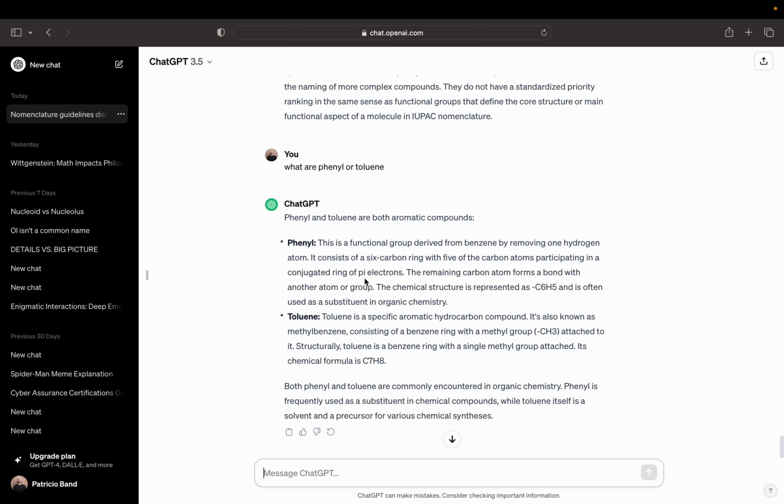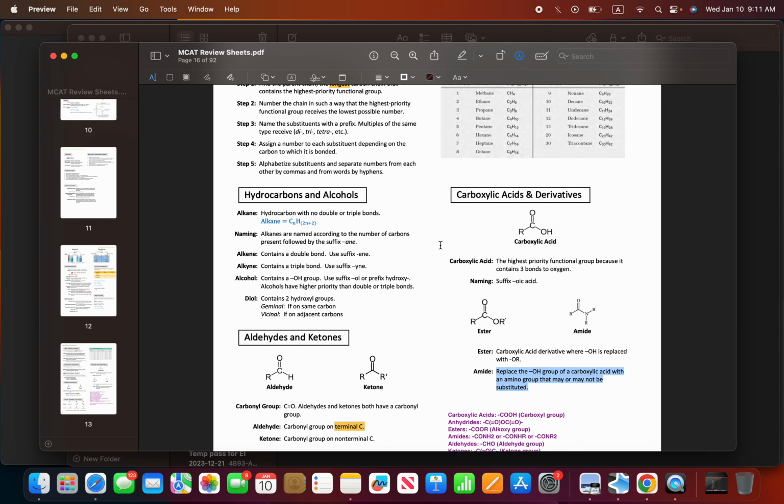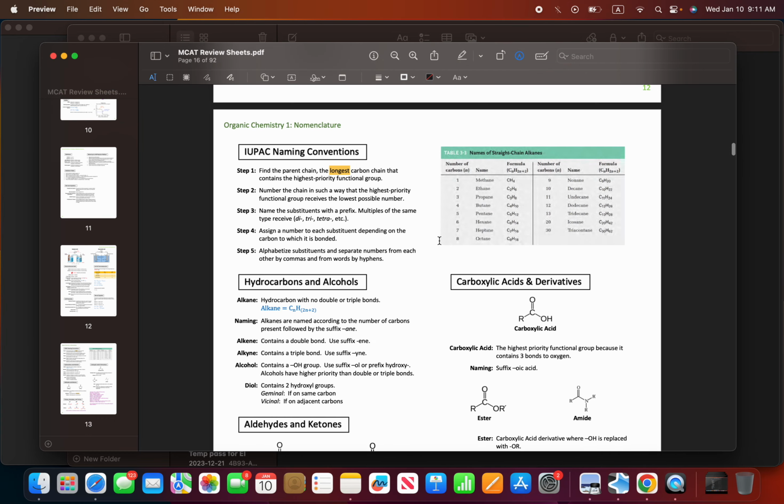It consists of a 6-carbon ring with 5 of the carbon atoms participating in a conjugated ring of pi electrons. The remaining carbon atom forms a bond with another atom or group. The chemical structure is represented as C6H5 and toluene is C7H8. I believe we will come to this later. So for now, we are done with chapter 1.